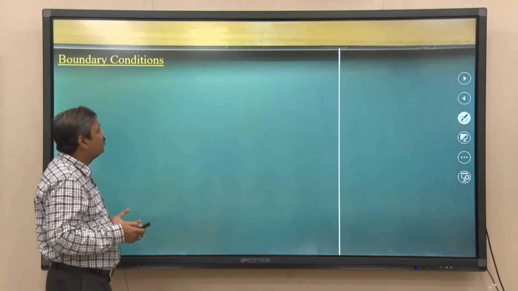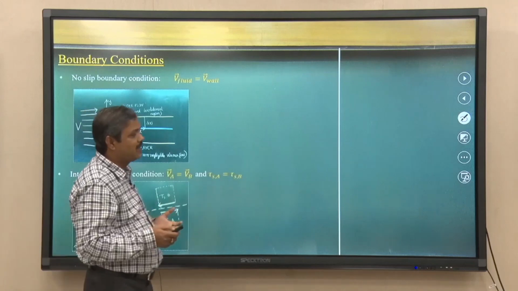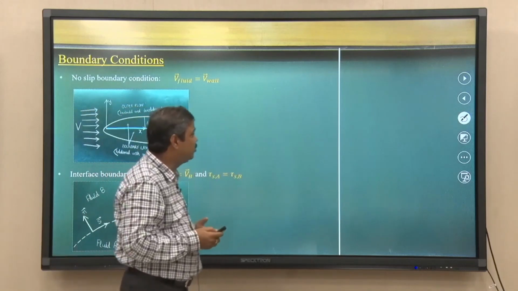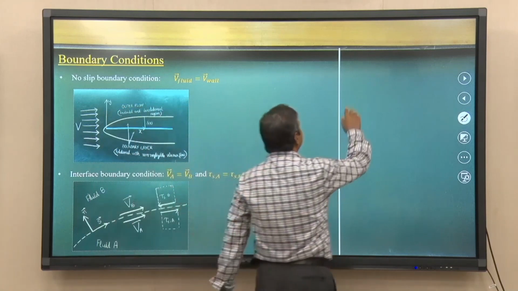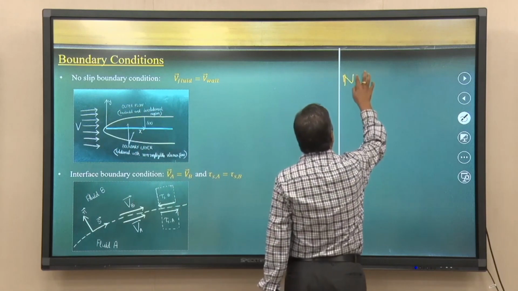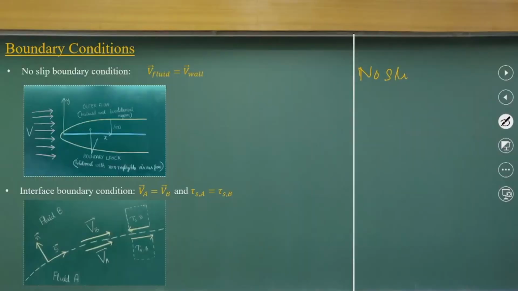Okay. Now, if you go to the next part, which is the boundary conditions, which I just introduced to you, the first condition is the no slip boundary condition. I very intentionally introduced this in the first class of fluid mechanics. That is the basic property of fluid flow.